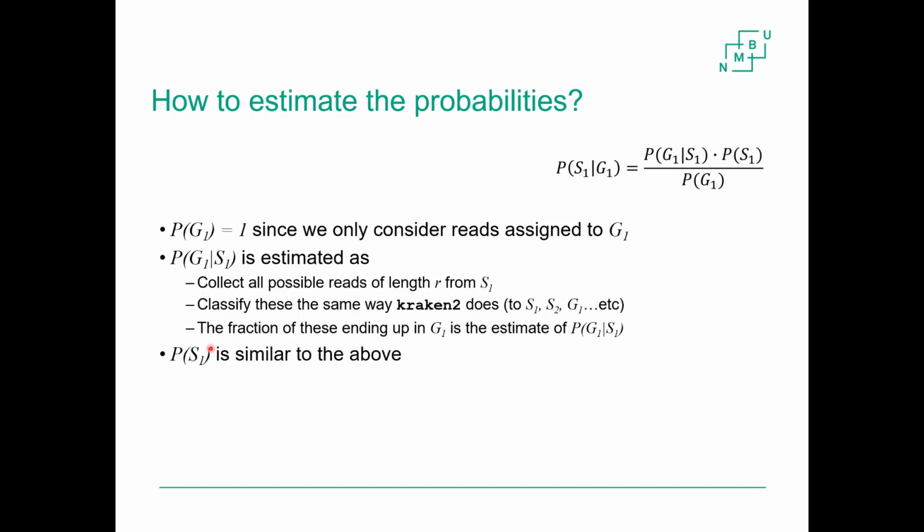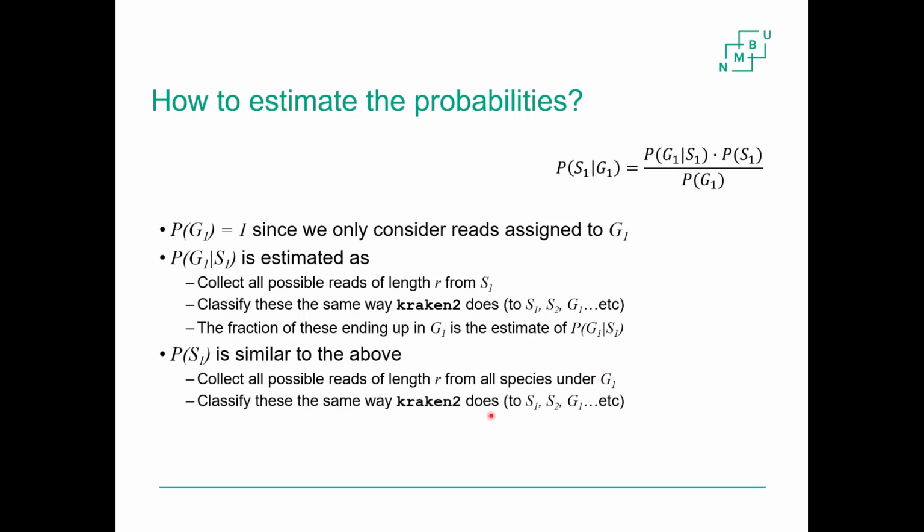This probability here, the probability of a read coming from S1 unconditionally, is also possible to estimate in a similar way. But now, instead of collecting all the reads from S1, we collect all the reads from all the species under this genus. And then we let Kraken classify all these reads again and see where they end up.